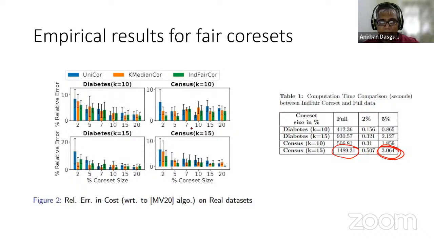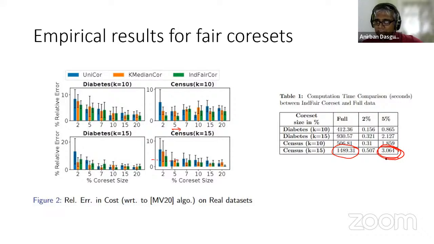This x-axis is the size of the coreset, 5%. So let's say this or this, any one of them. This is the kind of error that you have. You have about 2 to 3% error if you employ a 5% coreset, and basically you have a pretty decent fairness algorithm.